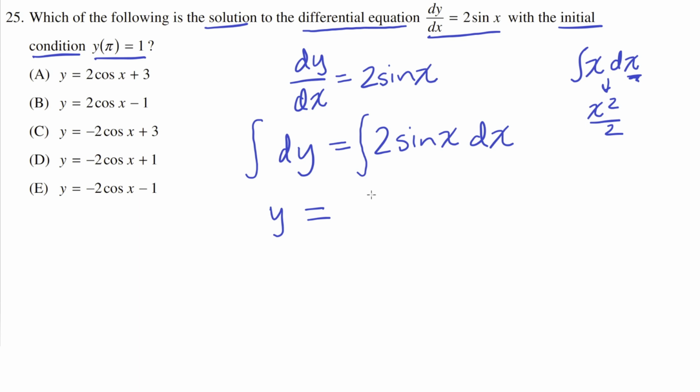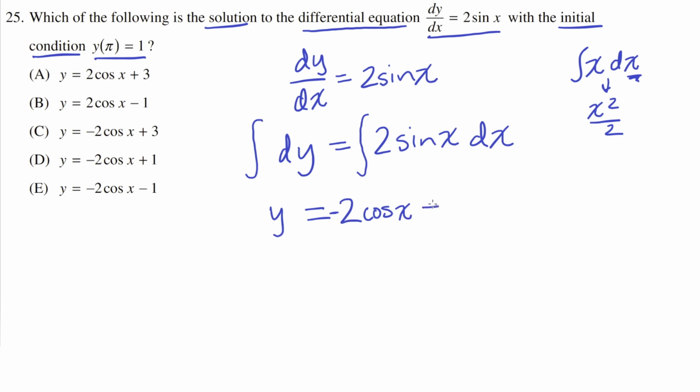And on the right-hand side, we'll have the integral of 2 sine x. The 2 is a constant, so we'll just keep it. And the integral of sine x is negative cosine x, because the derivative of cosine x is negative sine x. So we'll put a negative out front to get back to sine x.